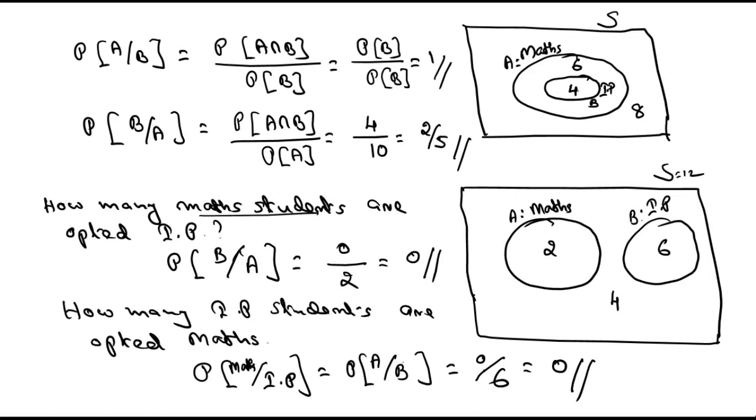Instead of that 12, the sample space is decreased to 6. Similarly here, the sample space is decreased to 2. That is the difference between the original probability and the conditional probability. Now suppose I will take one big set.